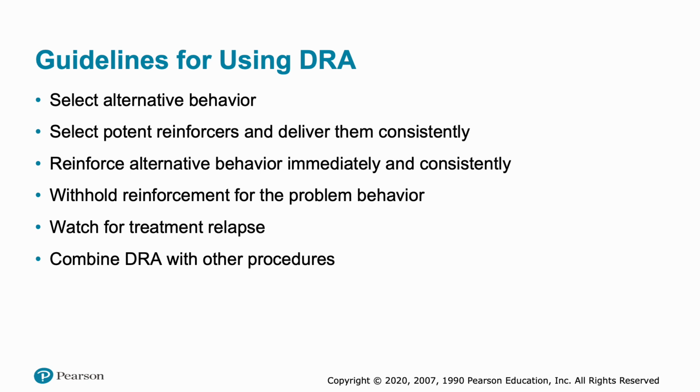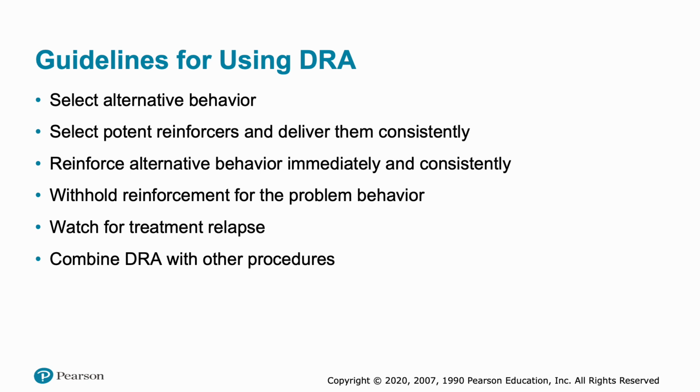Okay, so now that you've learned about DRA and DRI, I want to make sure that we talk about the guidelines for using DRA. If you're going to be designing a differential reinforcement of alternative behaviors intervention, or a DRI intervention, you want to make sure that you're selecting the alternative behavior that you're going to be targeting for increase.